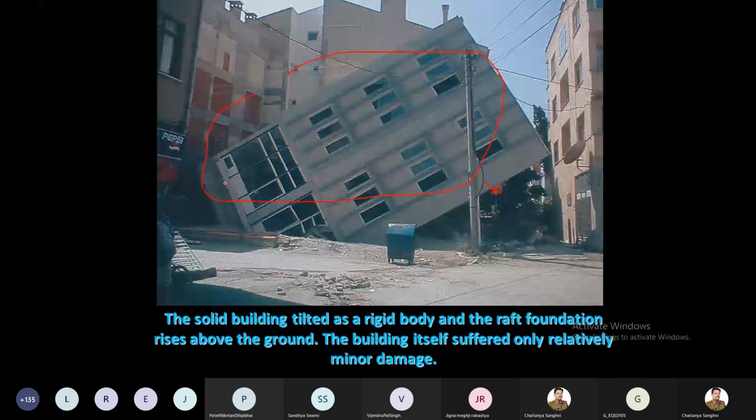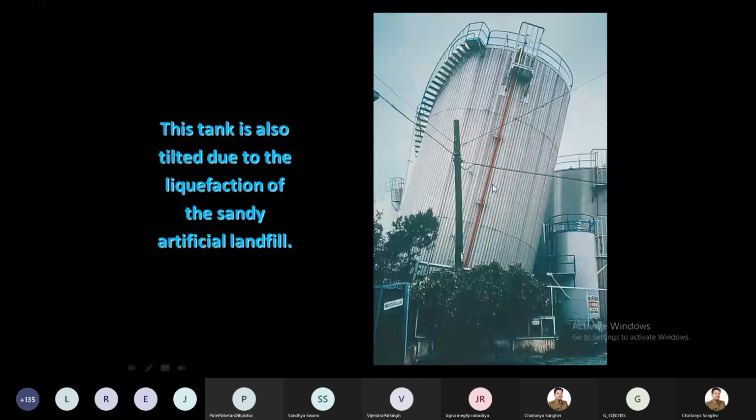You can see here this is the tank which got tilted during the Bhuj earthquake, and again this tank was made functional after the earthquake by taking the required measures, right?